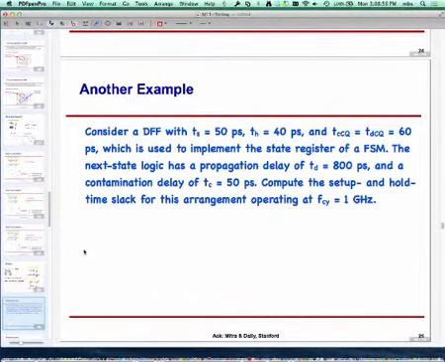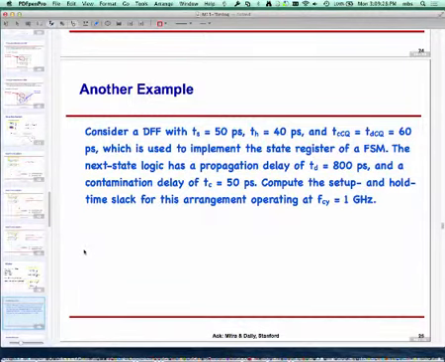Another example, consider a D flip-flop with setup time of 50, hold time of 40, and propagation and contamination delay both 60, used to implement the state register of a finite state machine. The next state logic has a propagation delay of 800 and a contamination delay of 50. You have to compute the setup and hold time slack, that means how much margin do you have before a violation occurs, given a clock frequency of 1 gigahertz.